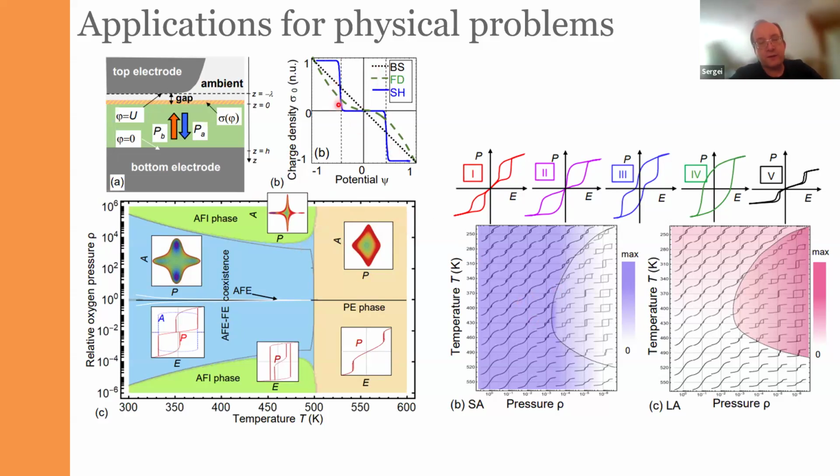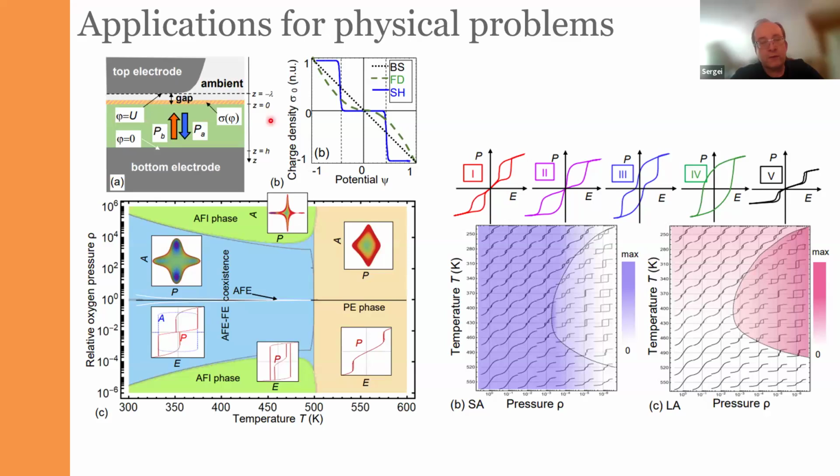of the ferroelectric material. So in this case, we work with a scenario where we have a ferroelectric material. Ferroelectric material is sitting on the bottom electrode, but on the top of it, there is a water layer. And it turns out that there is a fairly complex interaction between the polarization inside the material and the electrochemical properties on the surface layers.